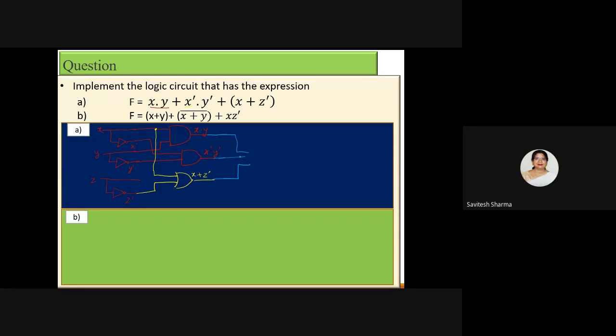Here the problem is not asking you to implement the circuit using 2 input gates. No compulsion is there, so we can use any number of input gates. I can directly connect all terms with an OR gate. Finally you will get the output.